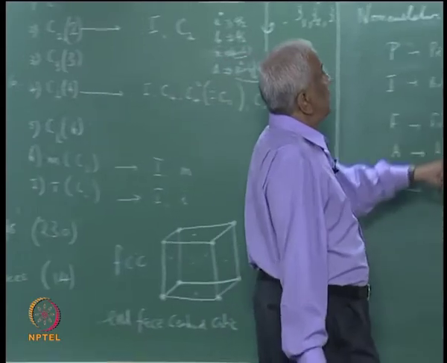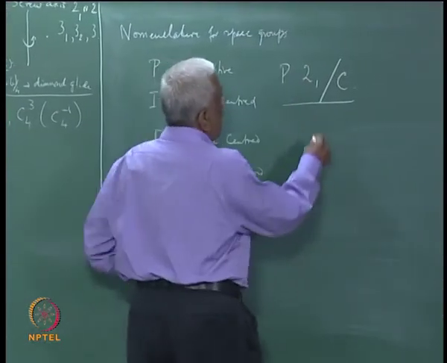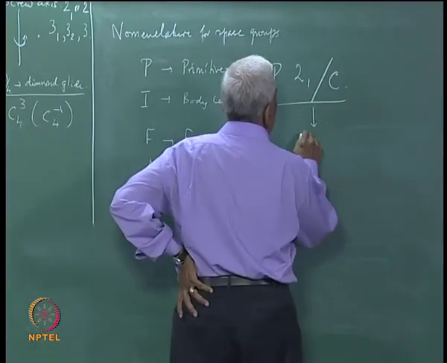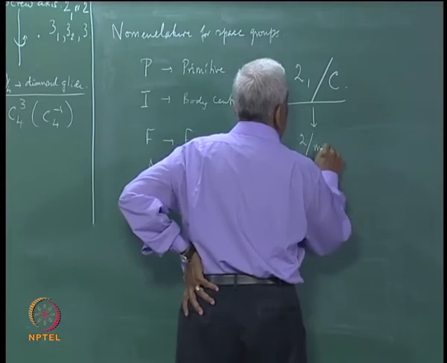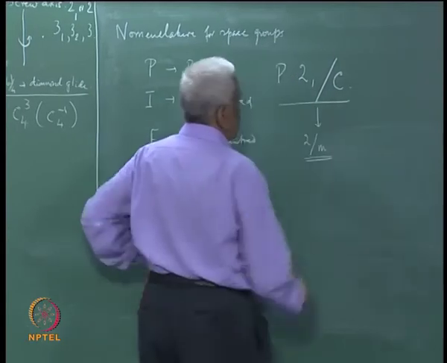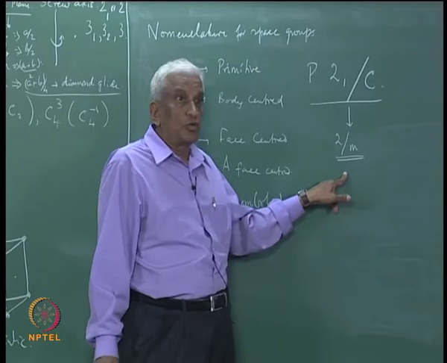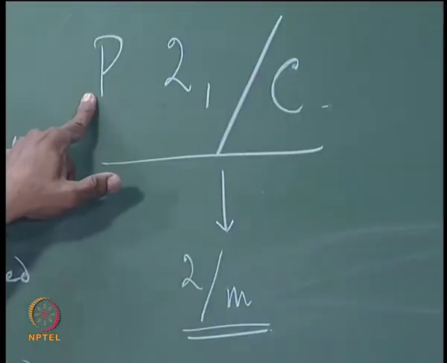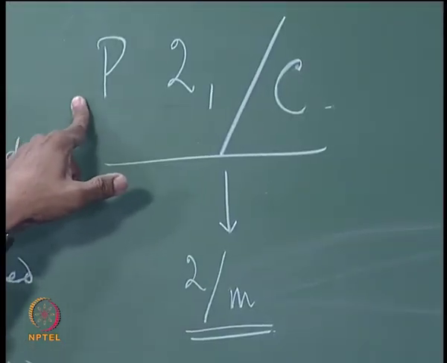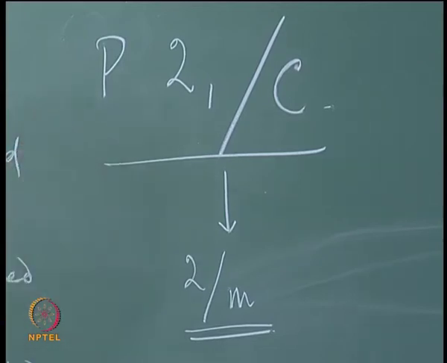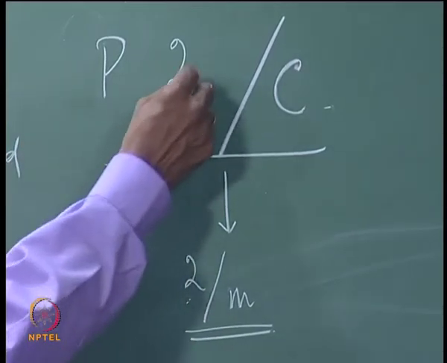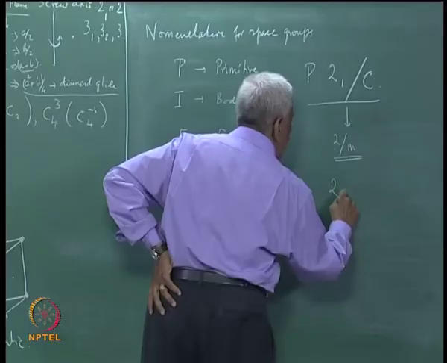This means because the corresponding point group symmetry is just 2 by m. So, that is a monoclinic point group. So, this is a monoclinic primitive lattice in which the two-fold axis is replaced by a 2-1 screw.